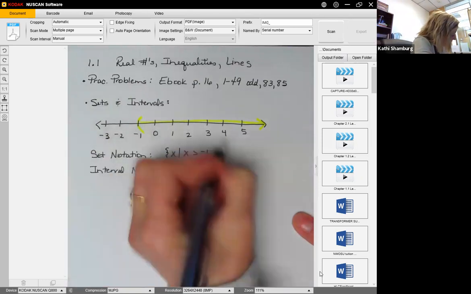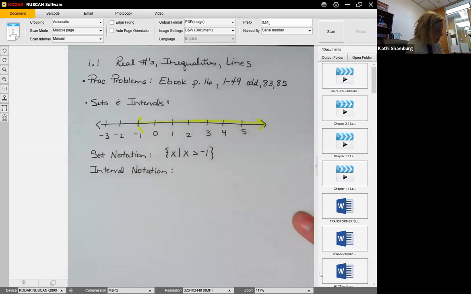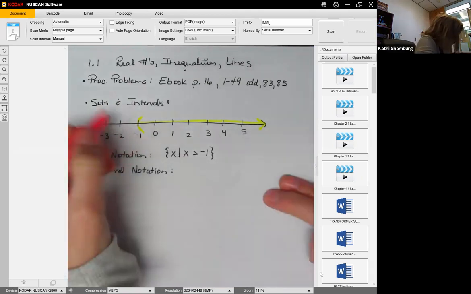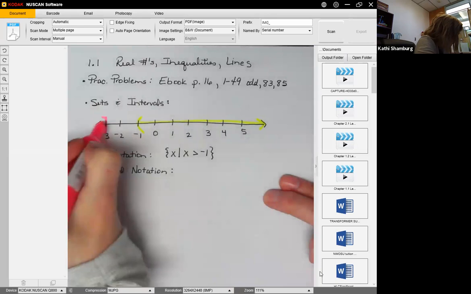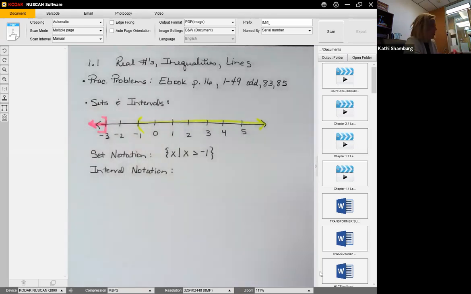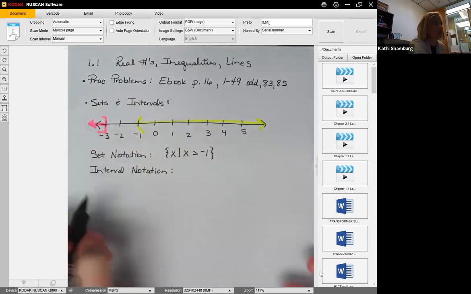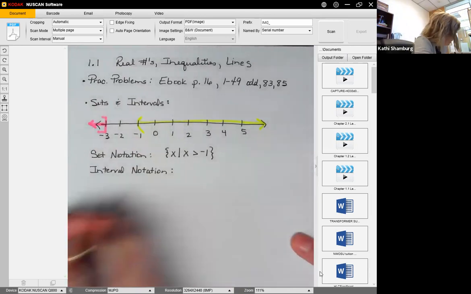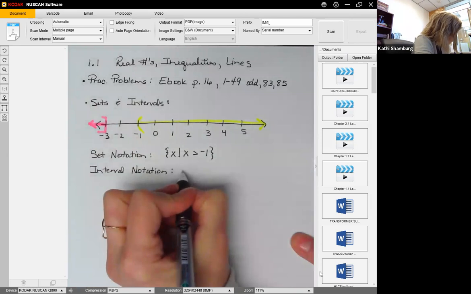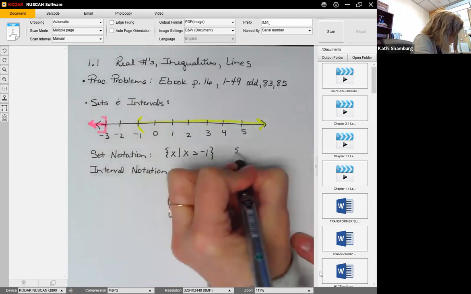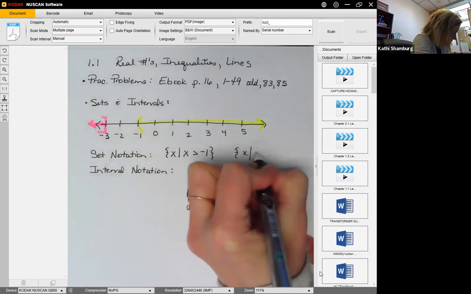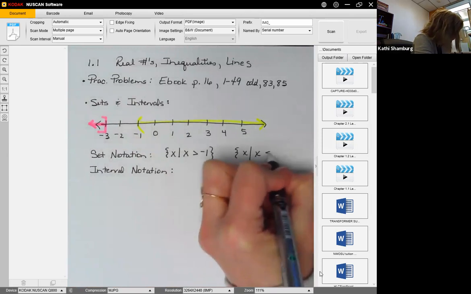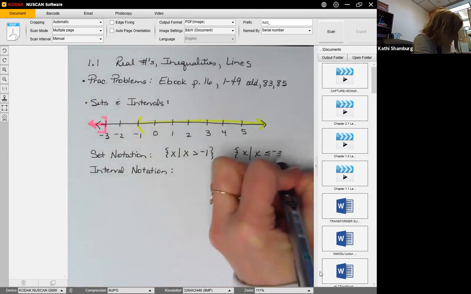It is not greater than or equal. Whereas if this was the notation, so now it's a bracket rather than a parenthesis, this would be x is any number such that x is less than or equal to -3.